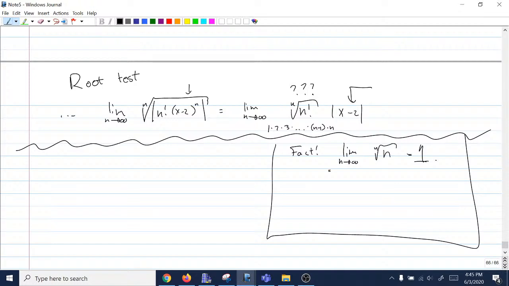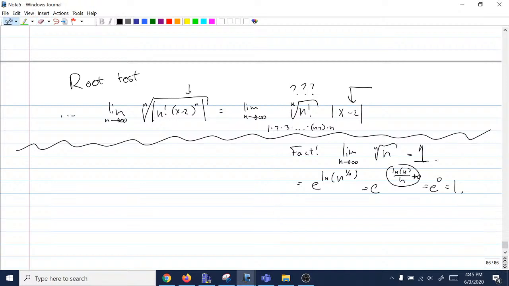It's the L'Hopital's rule thing where you write this as e to the natural log of it. This is e to the natural log n over n. Now use L'Hopital's rule on this. This thing goes to 0. You get e to the 0, which is 1.